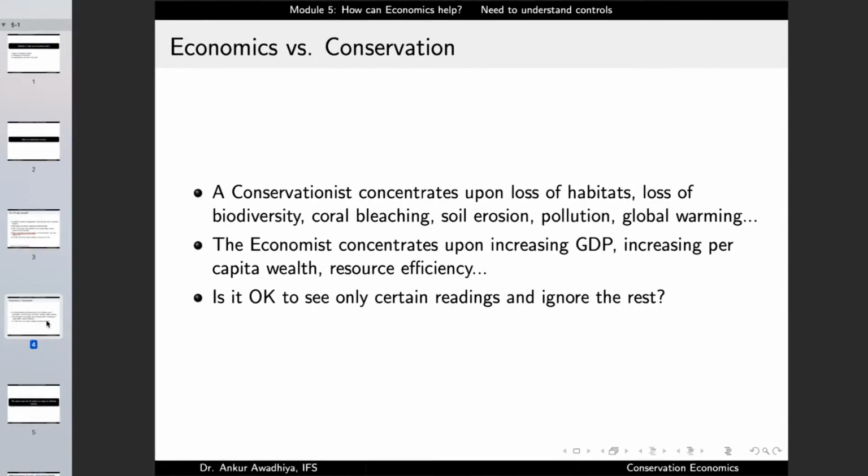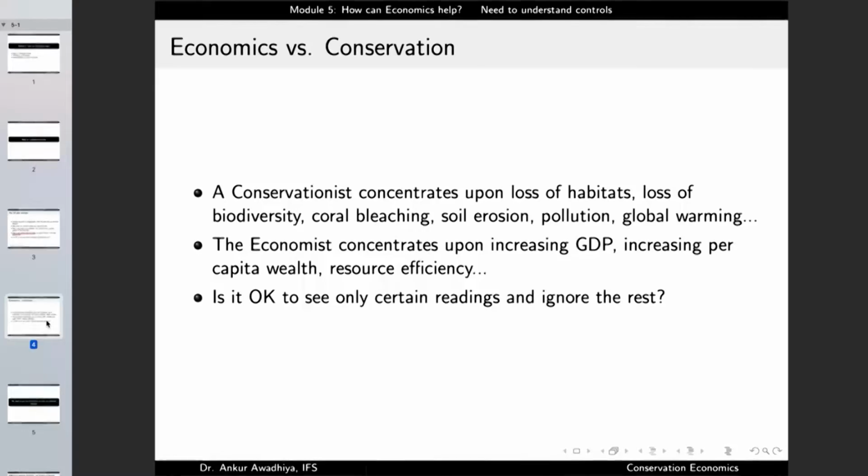But then we have the economist who concentrates upon increasing GDP, increasing per capita wealth, and resource efficiency. And the economist says, oh, all over the world, the GDP is rising, the per capita GDP is rising, we are using resources with exceedingly greater efficiency. So there is no cause for concern because we are doing everything in a much better manner than we were doing previously.